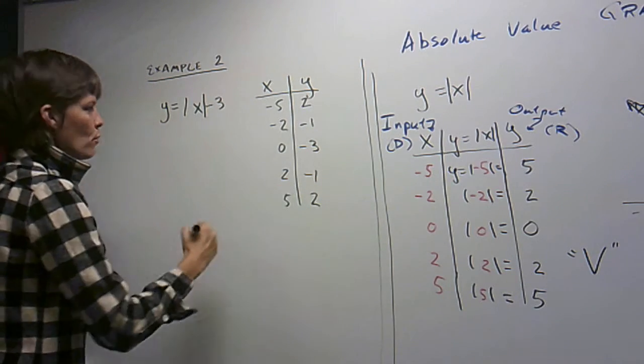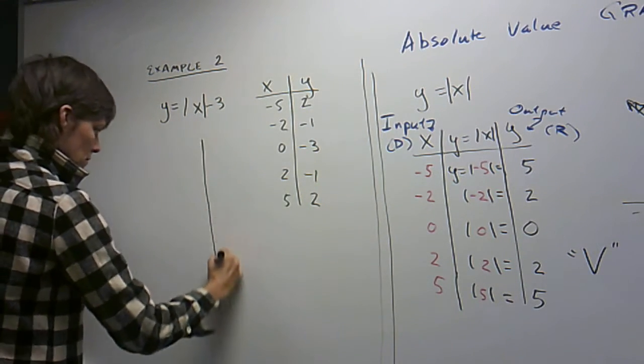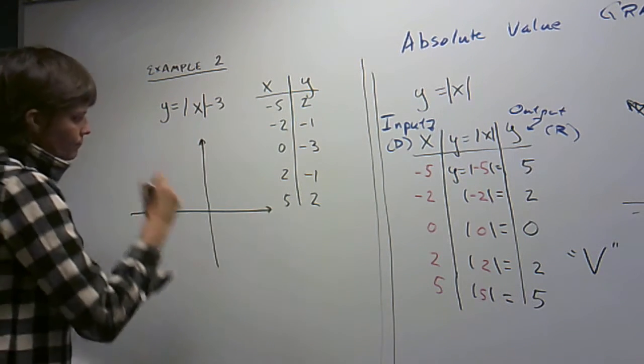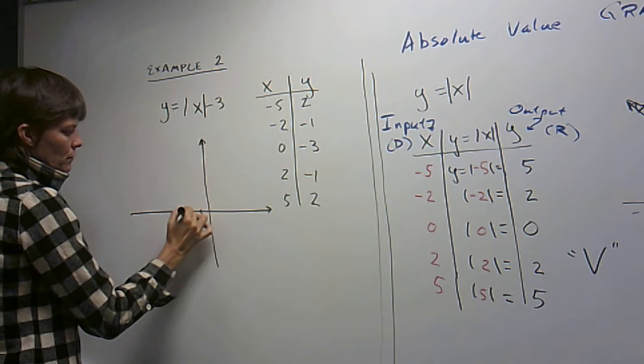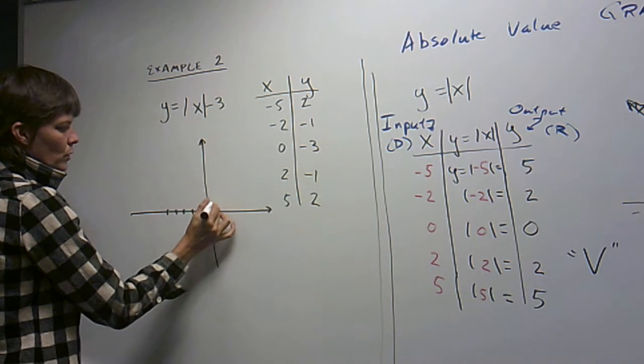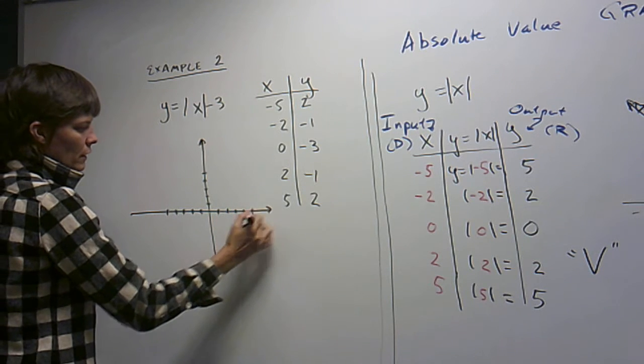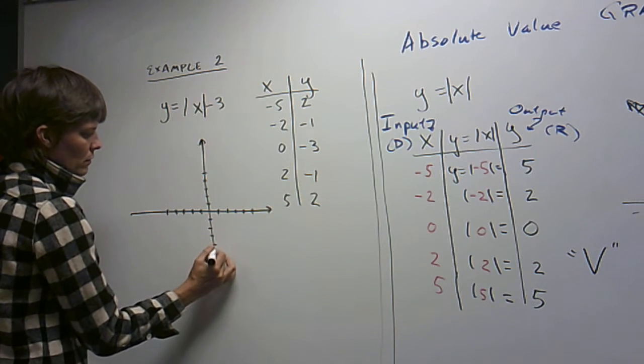So now I have these points, and I'm going to do this a little tinier. And I'll have 1, 2, 3, 4, 5.